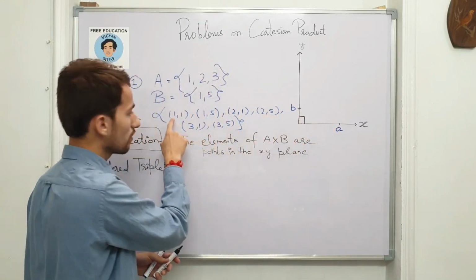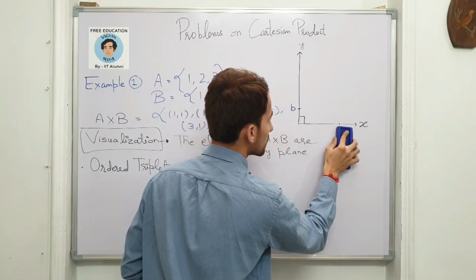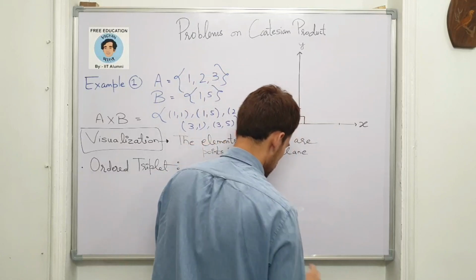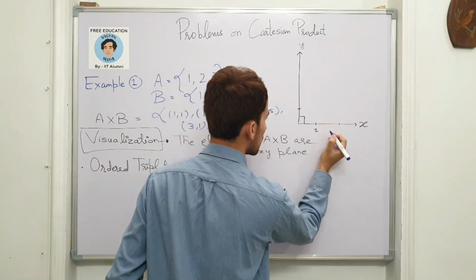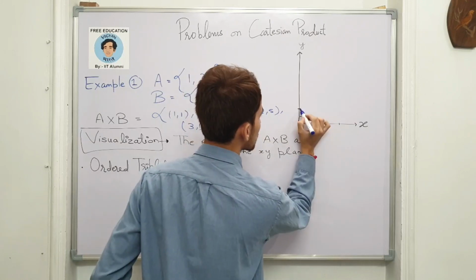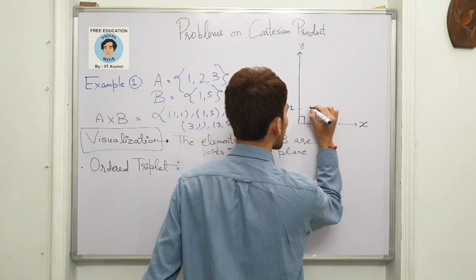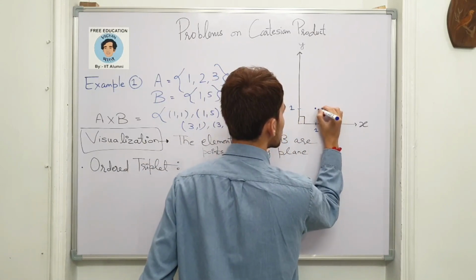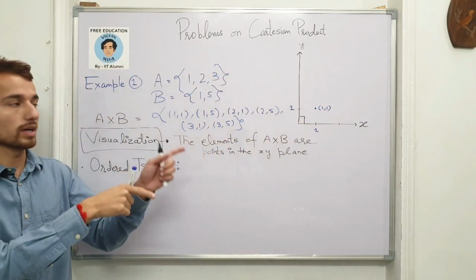So in particular for this, suppose the first point, if I take 1, 1, now let me rub this. So somewhere this is our 1, let me take this point as 1, and let me call it in blue. So this particular point here, this one, represents this ordered pair 1, 1.